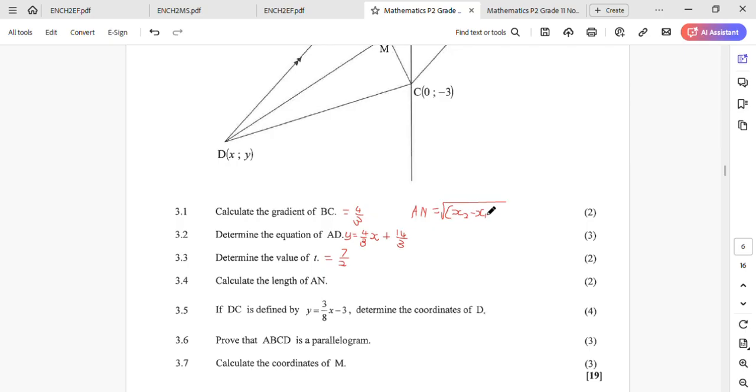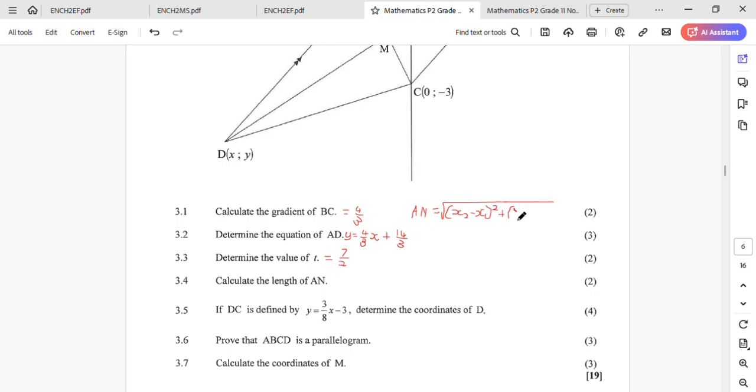There's no problem in that, but they might penalize you. I don't know, I don't mark. And that's why it's under the square root. Don't leave it like that. It's under the square root.